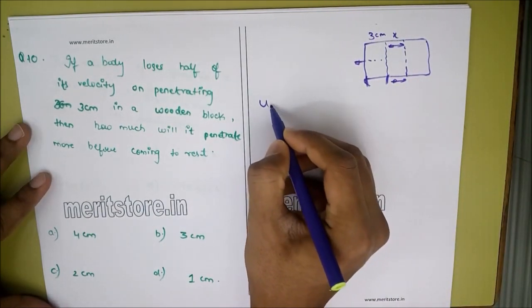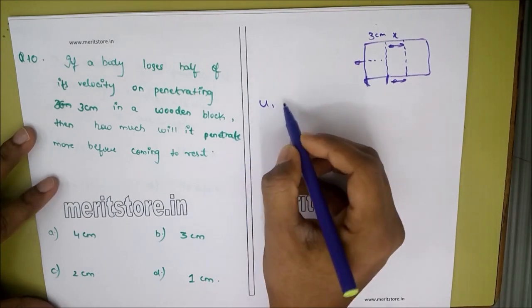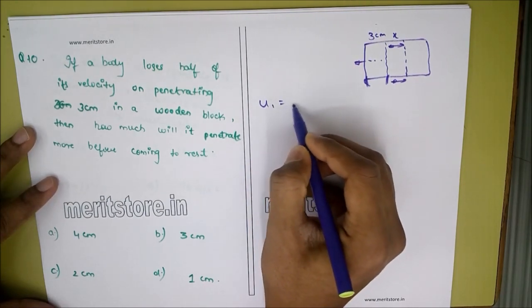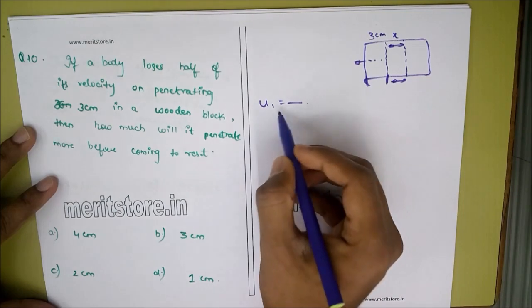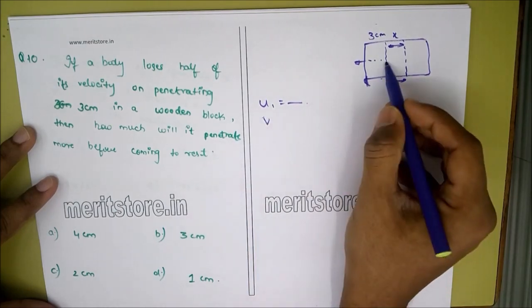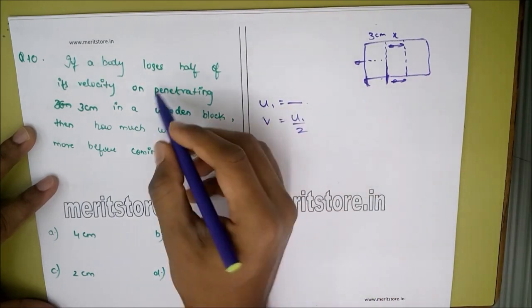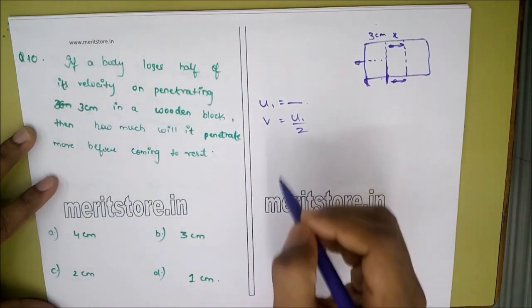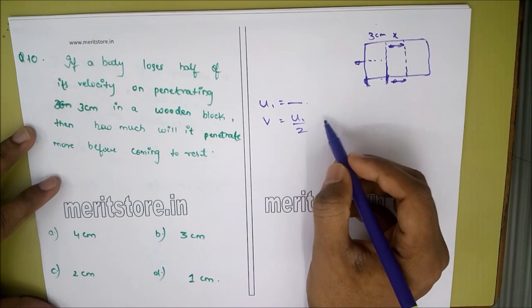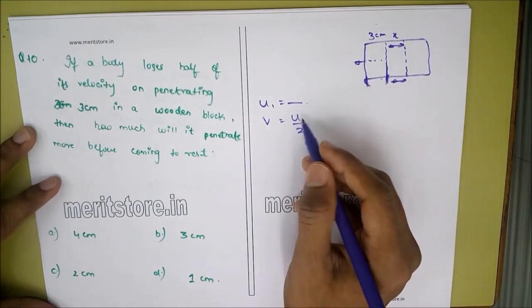So initial speed u1 is some value, whereas the final speed at this point would be u1 by 2, since it loses half its velocity. So the final value v for the first case would be u1 by 2.